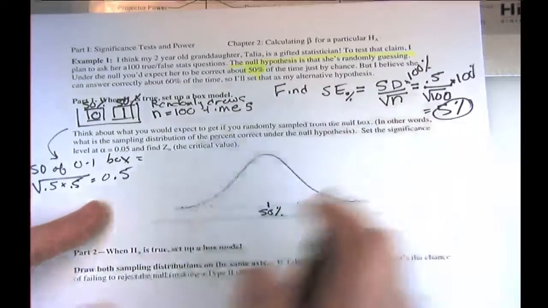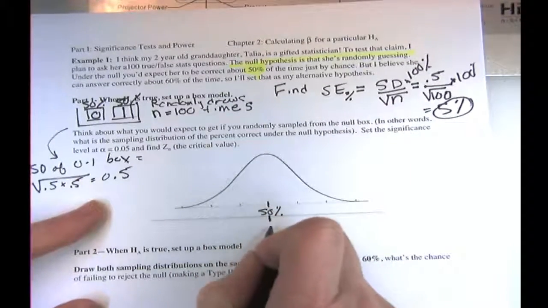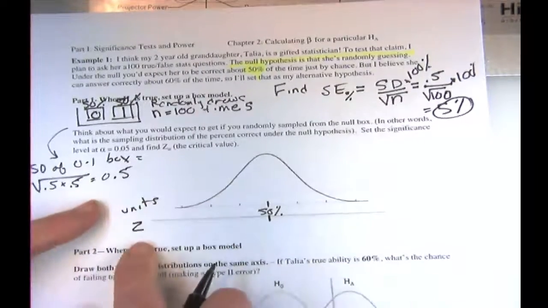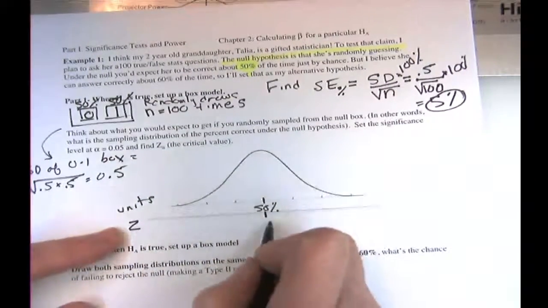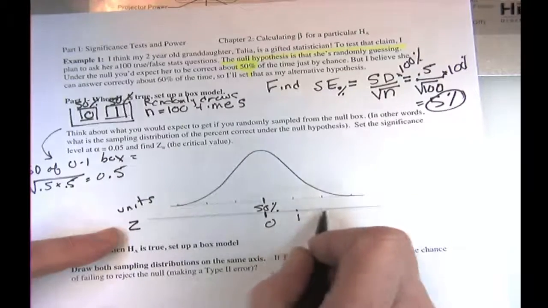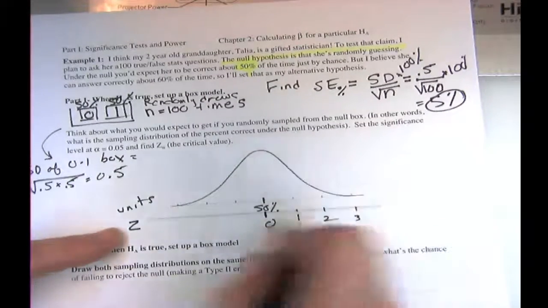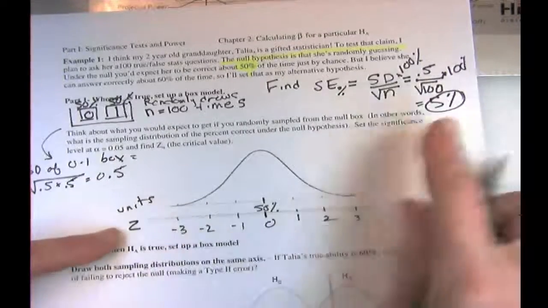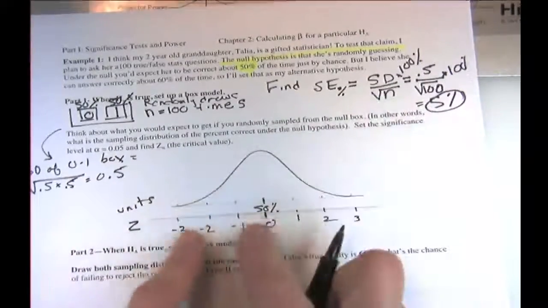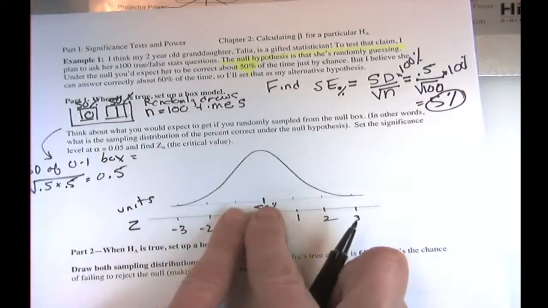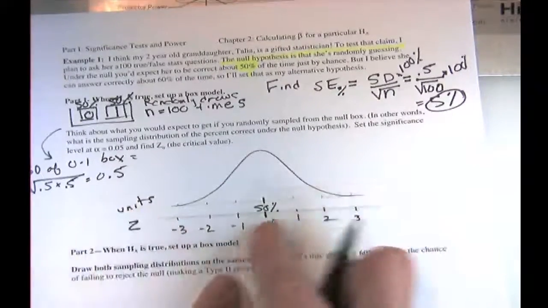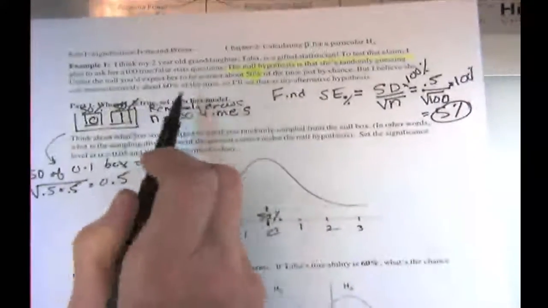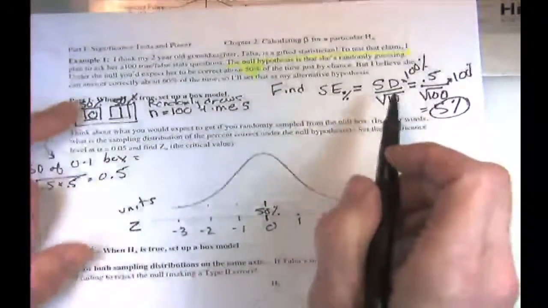So what does that mean here? If we were doing it in standard units as z-scores, here's our regular units. If we were doing it in standard units, we'd have 0 in the middle, 1, 2, 3, -1, -2, -3. And now we know we can translate it into probabilities of what's the probability she's going to get as high as 60%, which is the alternative, by the way.